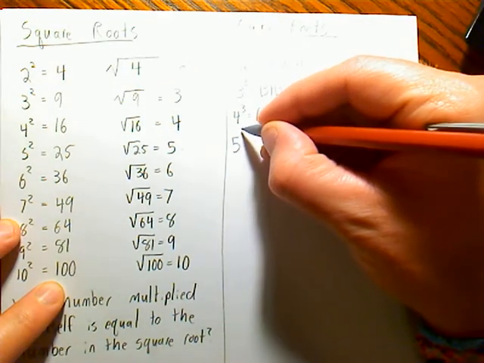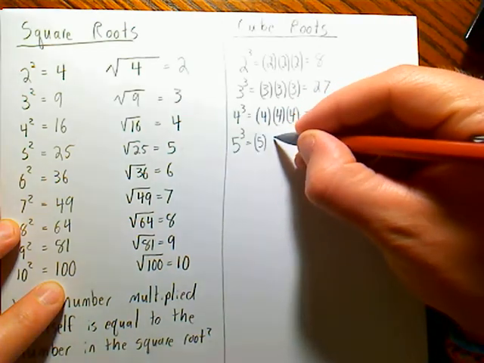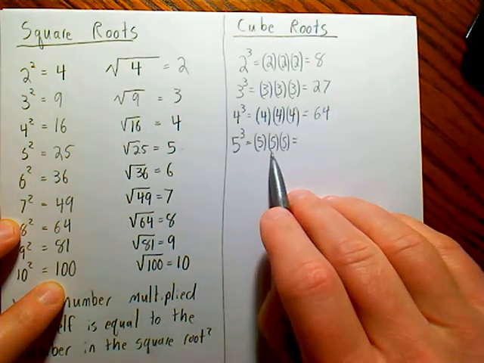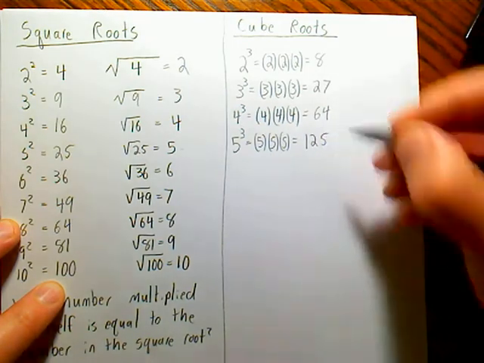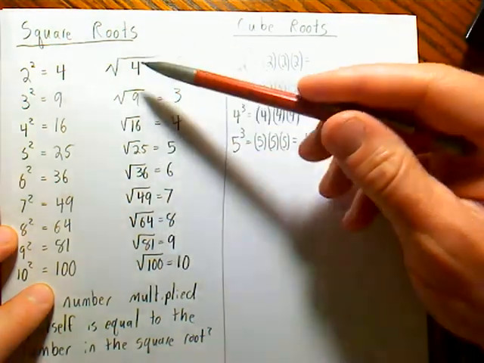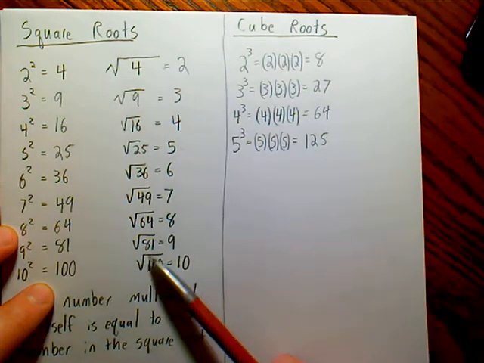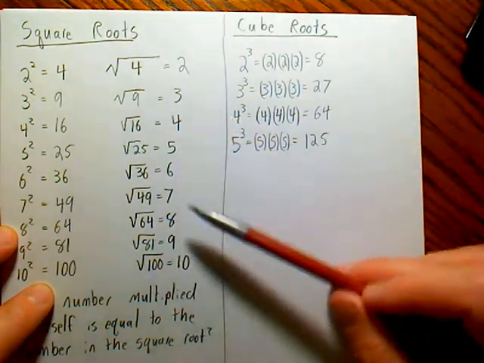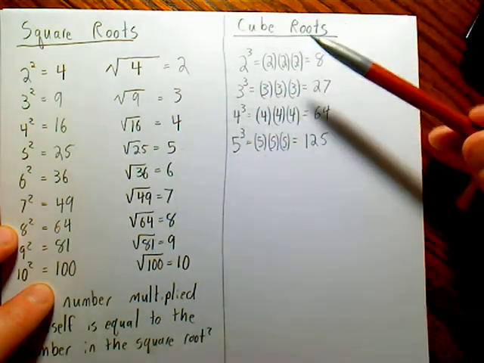And let's do 5 cubed equals 5 times 5 times 5. 5 times 5 is 25. Times 5 is 125. Now, just like with the square roots, it's a good idea to start becoming familiar with these numbers and also these numbers with cube roots.